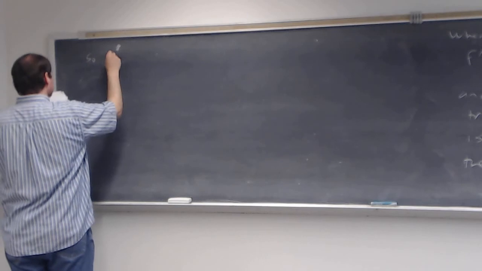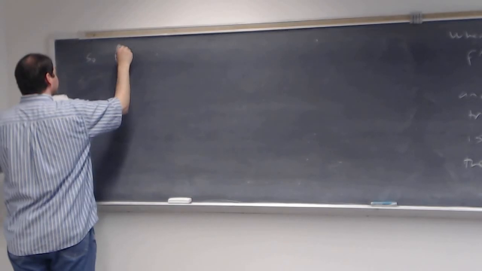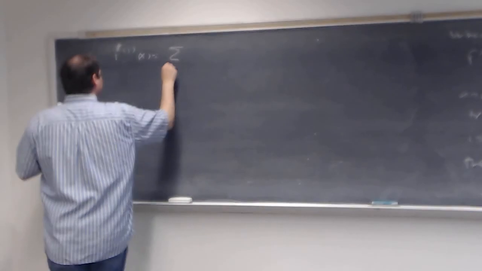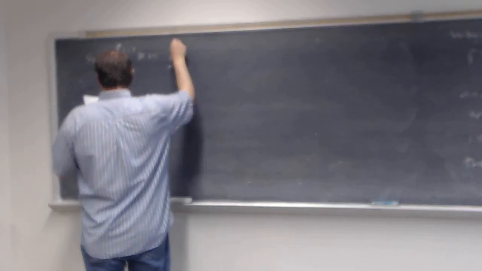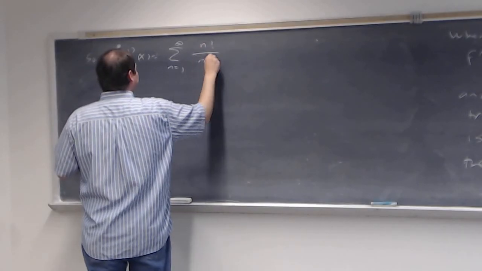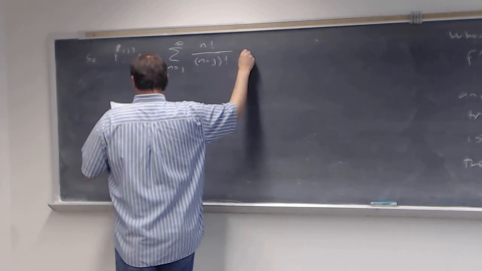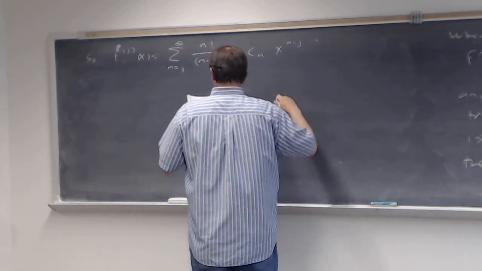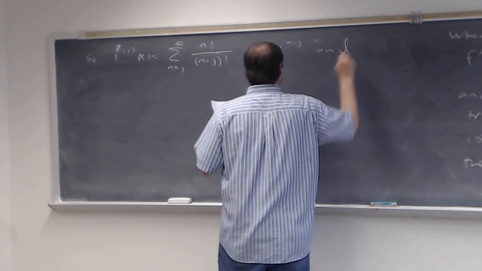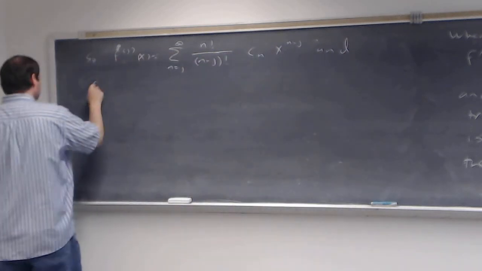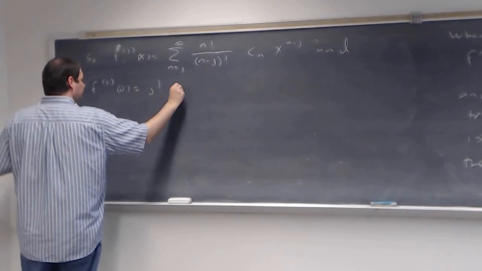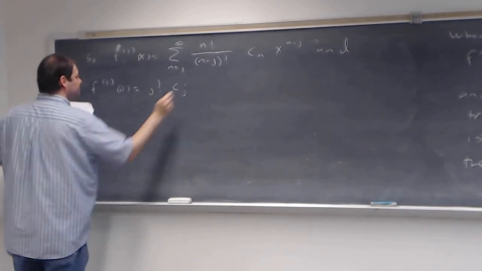So what we're assuming is that the jth derivative of f evaluated at x is equal to the sum as n runs from j to infinity of n factorial over n minus j factorial, c sub n, x to the n minus j, and the jth derivative evaluated at 0 is equal to j factorial times c sub j.